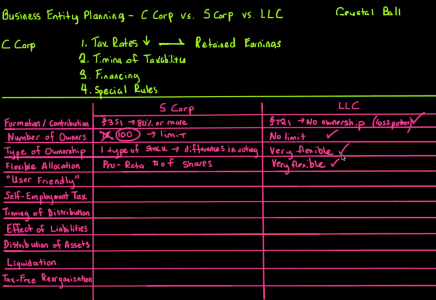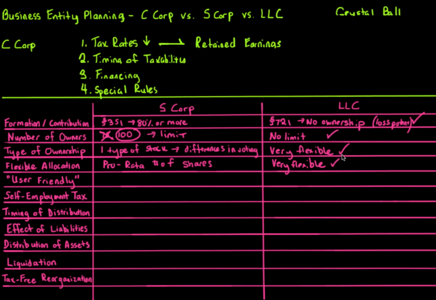And that's all about the economics of the deal. We might allocate all the losses to one partner and all the gains to another partner, but you better believe that's how it's economically allocated as well. If not, it's going to run afoul, and then it'll be allocated according to the partner's interest in the partnership, which here is members, so it'll be members' interest in the membership of the LLC.